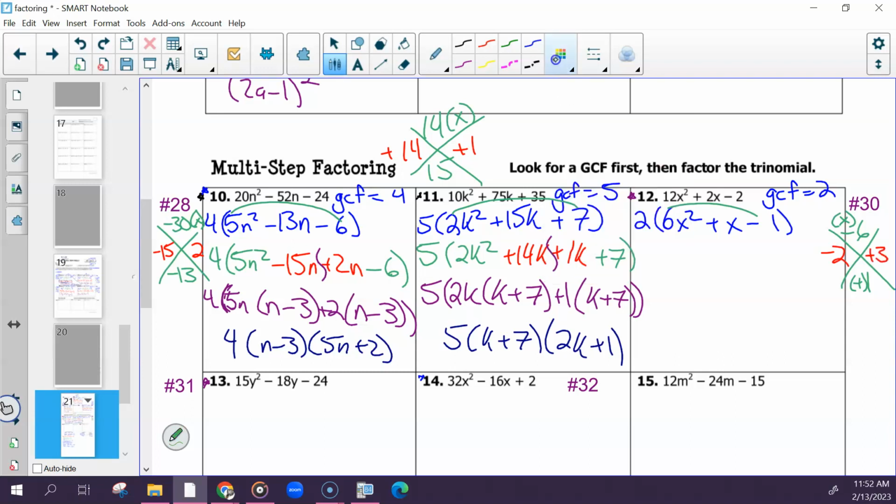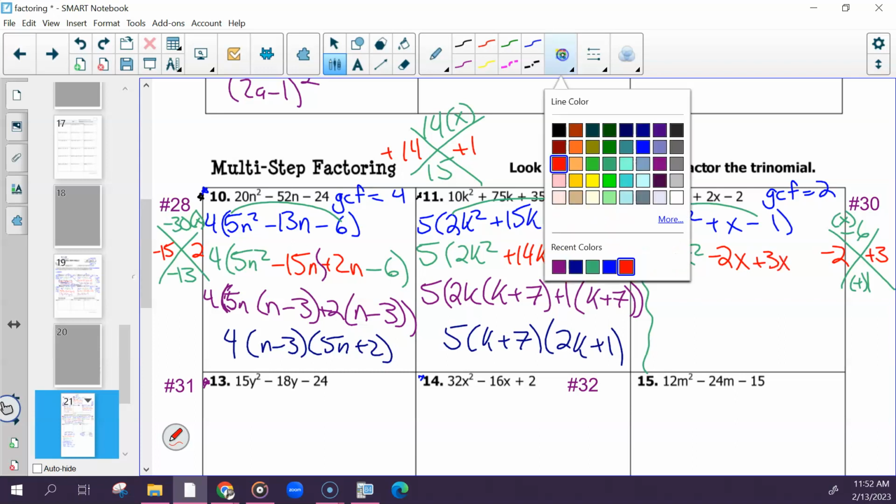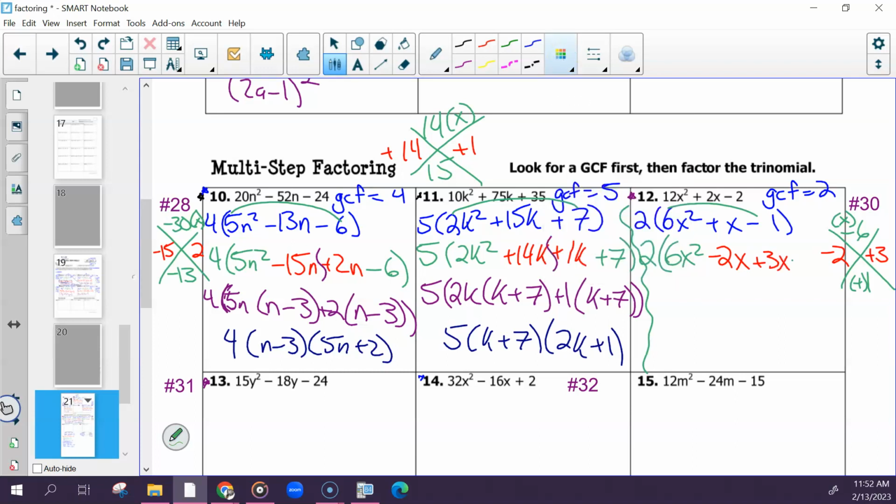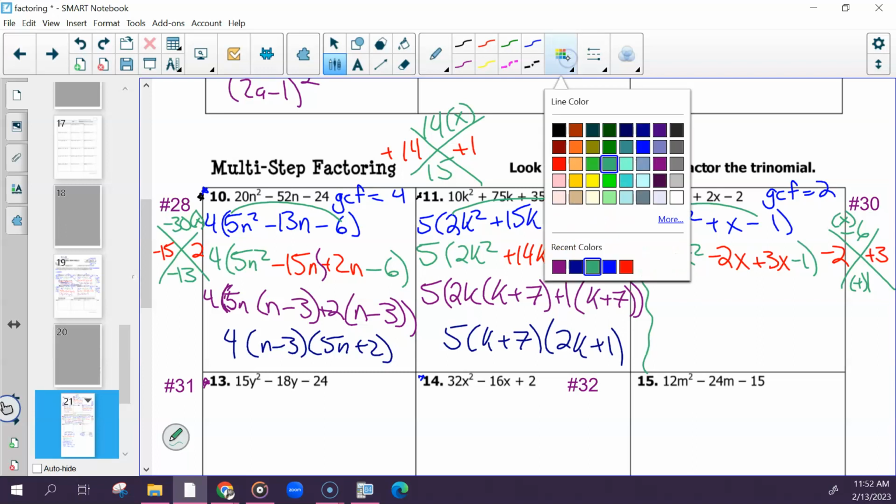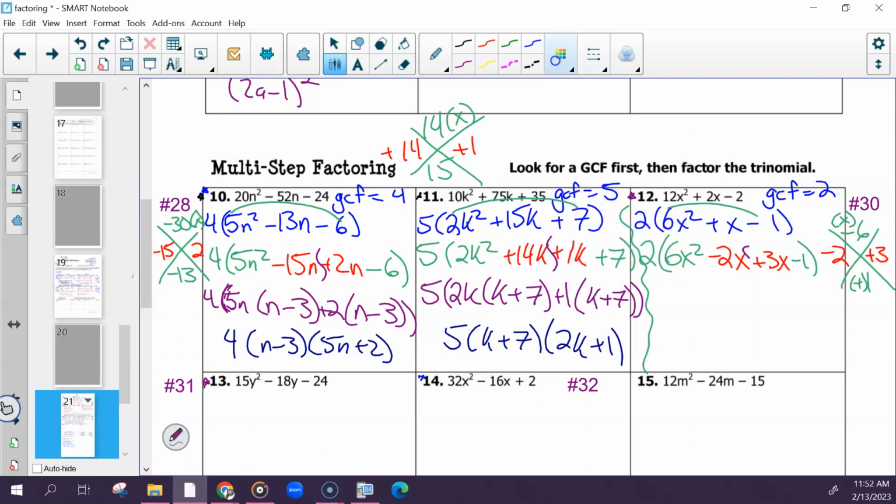So let's rewrite. Bring down your GCF, 2, and then 6x squared. Put your two middle terms in there. Negative 2x plus 3x. And then our last term minus 1. Bring down your GCF again. What do those first two have in common? 2x.